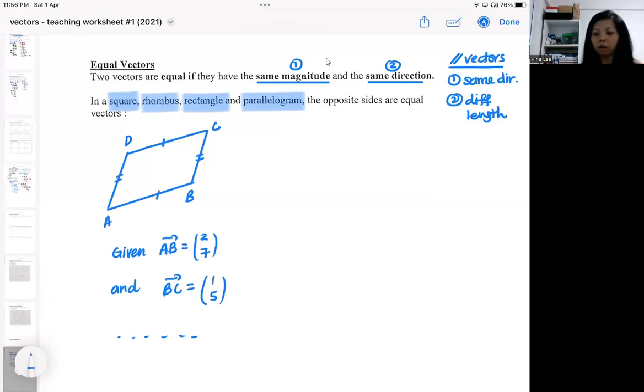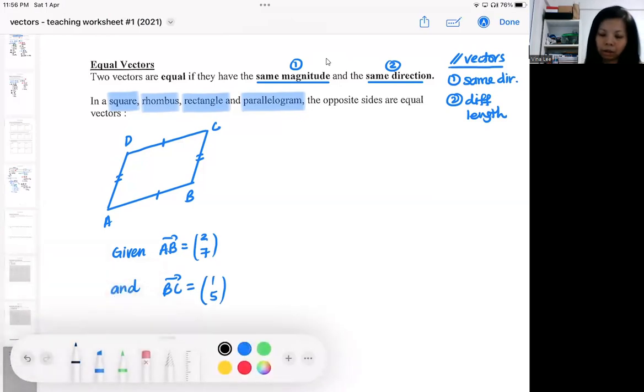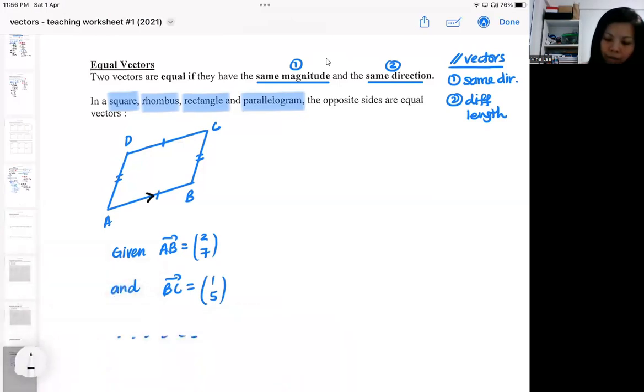Your job is to be able to deduce equal vectors. So where are the equal vectors? For example here, this part is 2, 7. The question says that this is 2, 7. Because of equal vectors, that means this is also 2, 7. Because of the idea of equal vectors, it is parallel and same length.